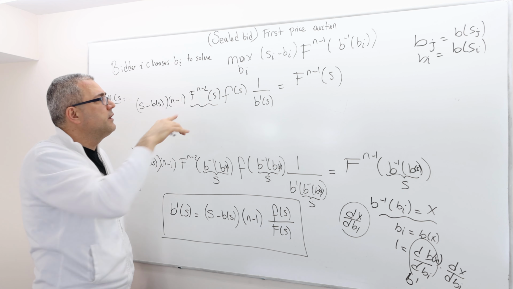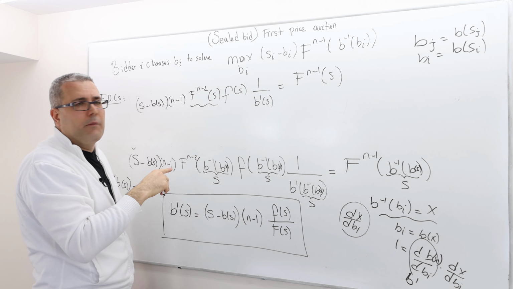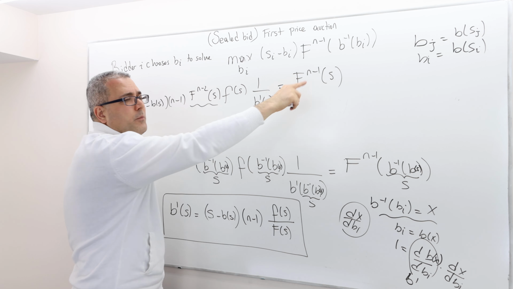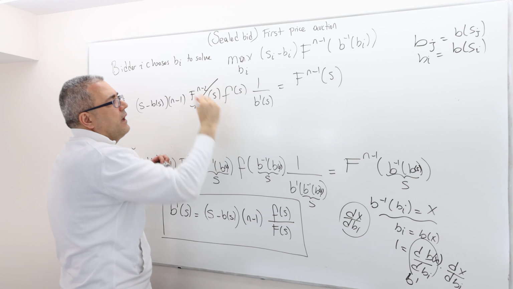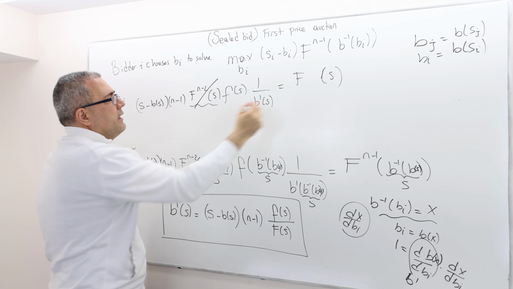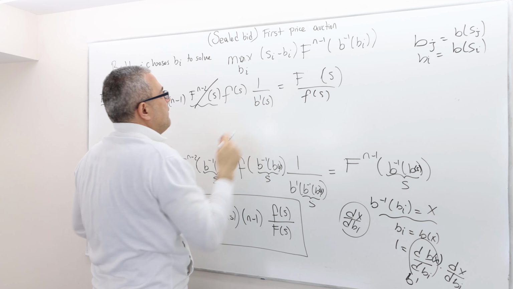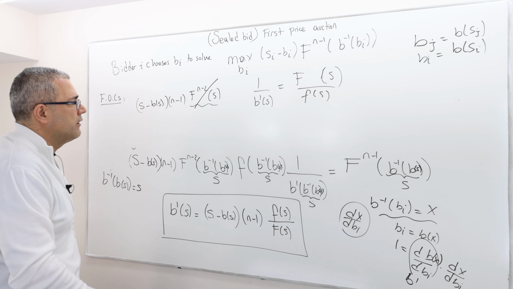So I have a function with power n minus 2 and n minus 1 here. What's going to happen? F to the power n minus 1 is F to the power n minus 2 times F, so this guy and this guy will cancel out, and I'm going to have small f only. Divide both sides by small f, assuming that they all take non-zero values.